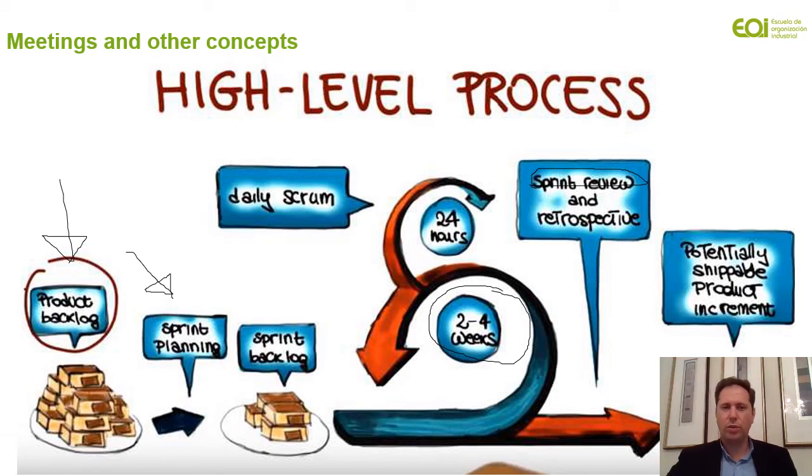In order to deliver this output, the whole team has a daily meeting every 24 hours. In this meeting, everybody shares how much progress they have made since the last day. So everybody is really working together and meeting every day.